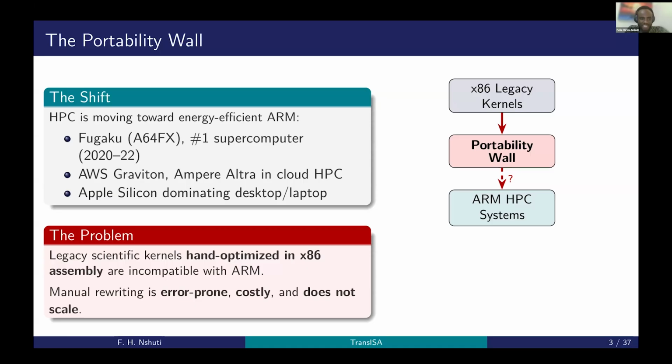The main challenging problem is that there is a lot of hand-optimized x86 assembly code that is incompatible with ARM assembly. Doing manual rewriting is very error-prone, requires a lot of experts, and is costly.